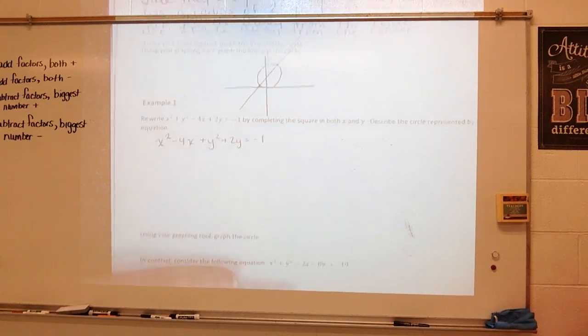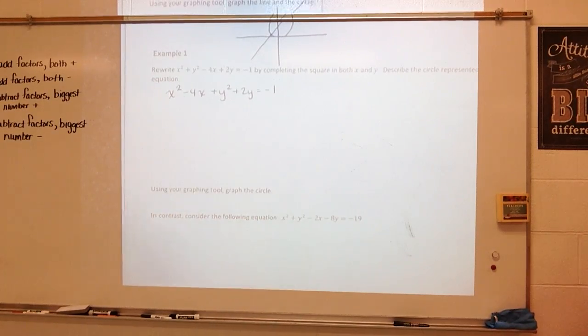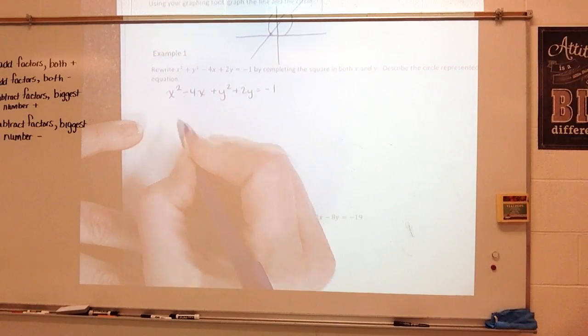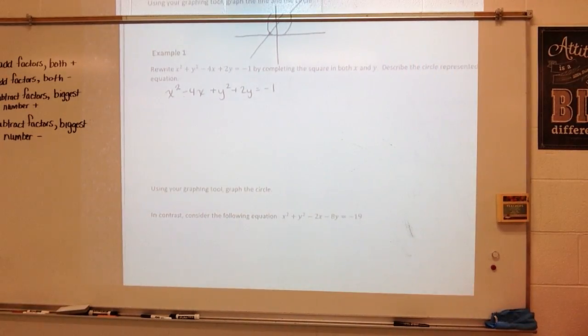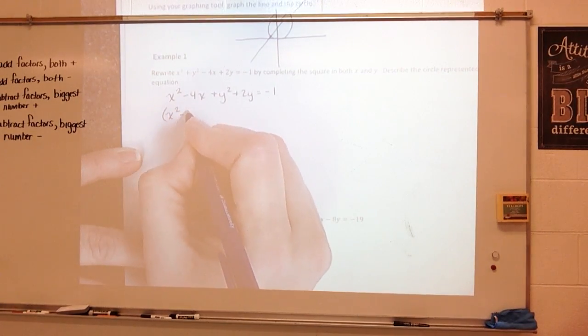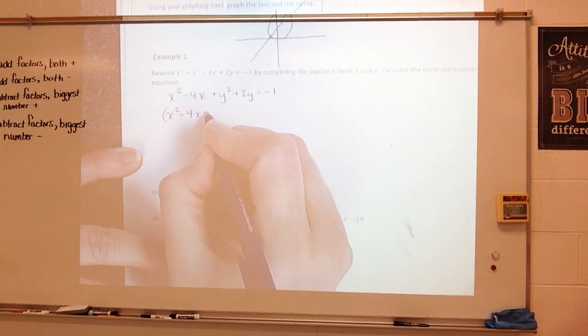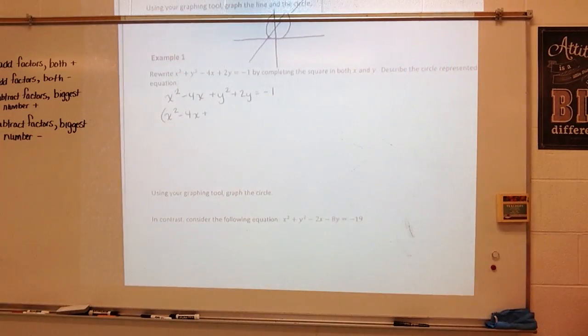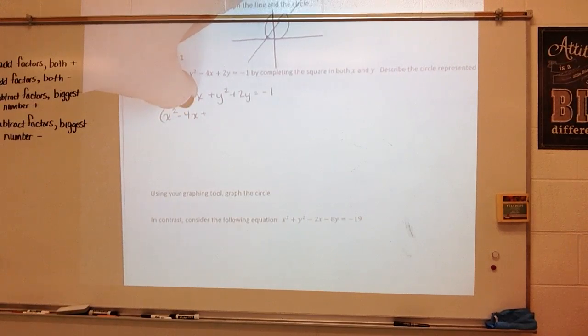Now, we've done completing the square. It's been a while. So, let's just kind of go back through and remember this. I'm going to take the x's away, and we have to take half of the 4, which is 2, and then square it.